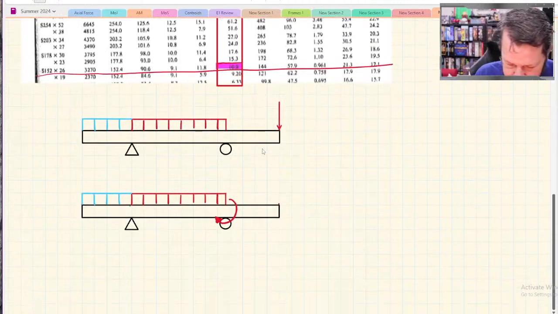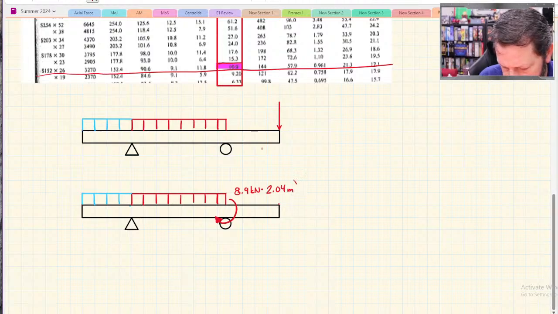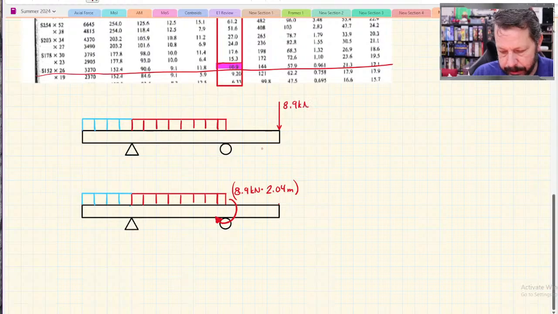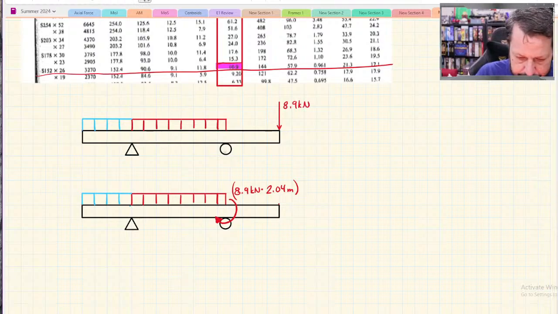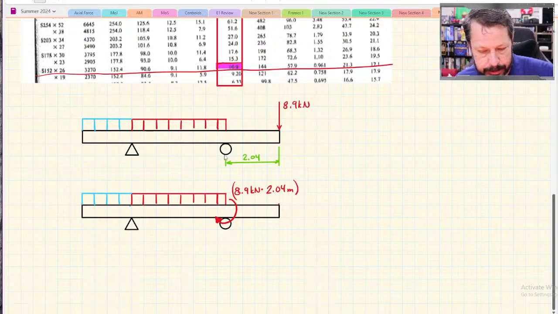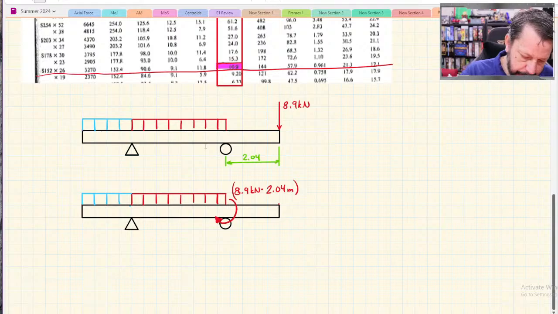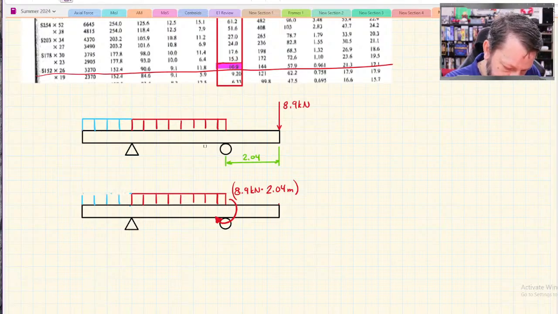8.9. I think it was 2.04 meters, because this is 8.9 kilonewtons, that point load, and this distance is the 2.04 meters. I think that's what it said. Yes. Okay, and I'm going to do a similar thing with my blue part of the distributed load.